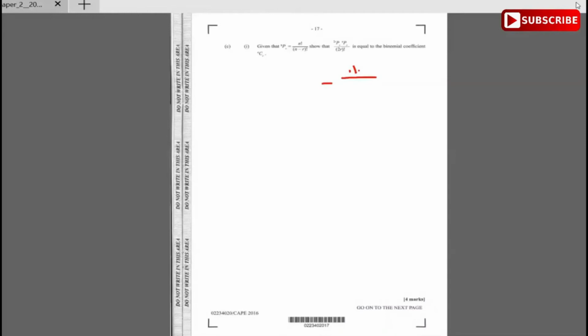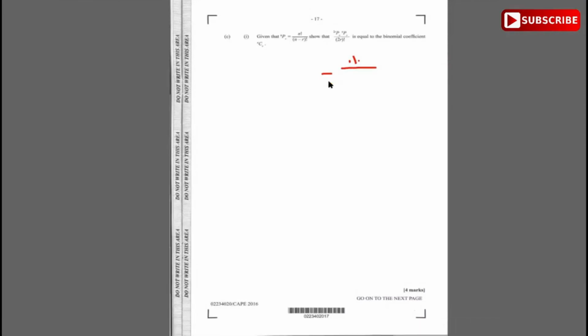All right, we don't know what just happened with the screen, but let's continue. What we're trying to show right now is that this is equal to this.